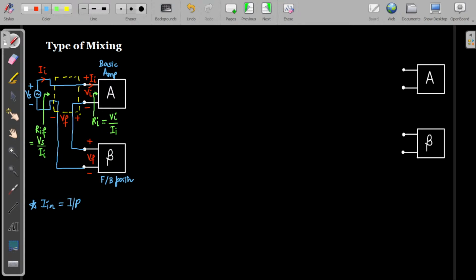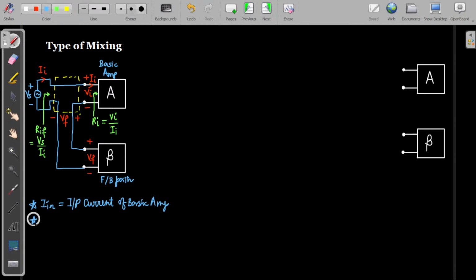So input current of the basic amplifier, ये दोनों सेम है. बेसिक एम्पलीफायर का इनपुट करंट और सोर्स का जो इनपुट करंट ये दोनों सेम है.